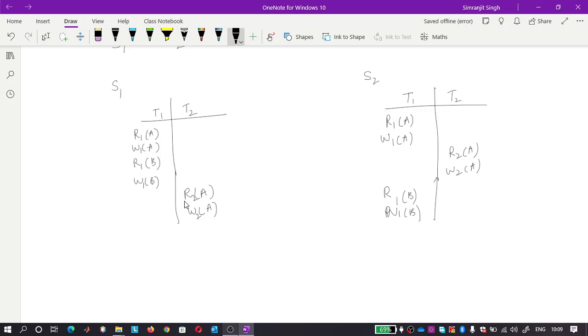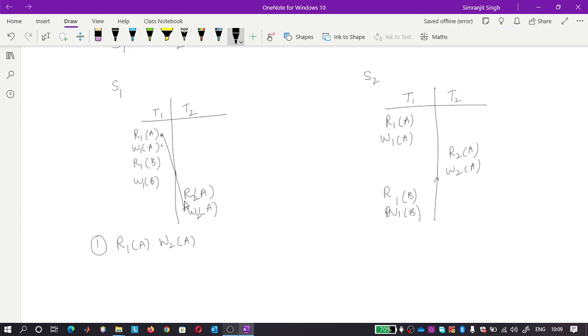Read-read is never a conflict. So read and write is the first conflict. The first conflict is read 1A and write 2A, a read-write conflict. Another one is write-read.